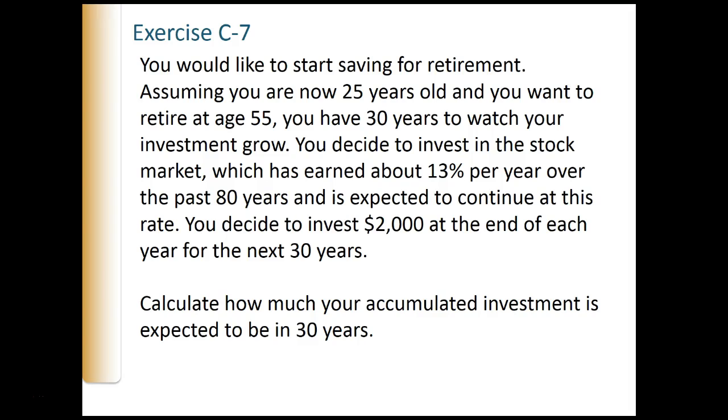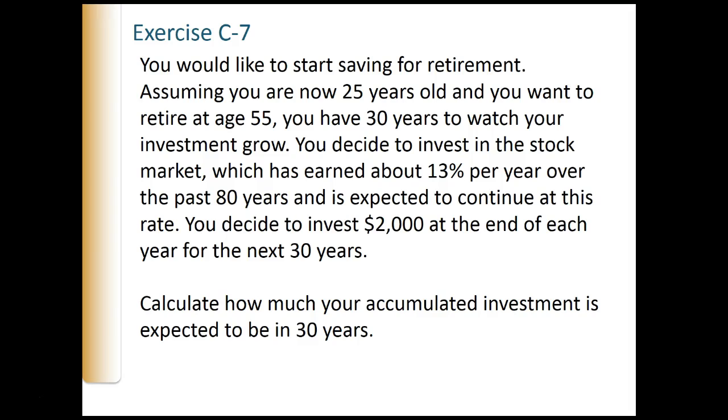You decide to invest in the stock market, which has earned 13% per year over the past 80 years, and it's expected to continue at this rate. You decide to invest $2,000 at the end of each year for the next 30 years. How much will your accumulated investment be expected to be in 30 years?